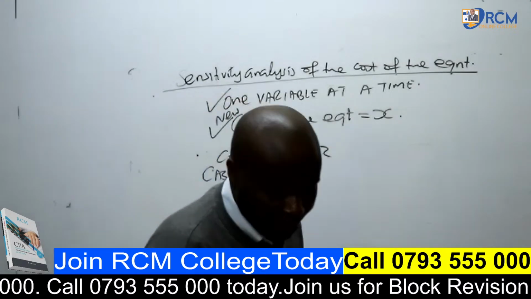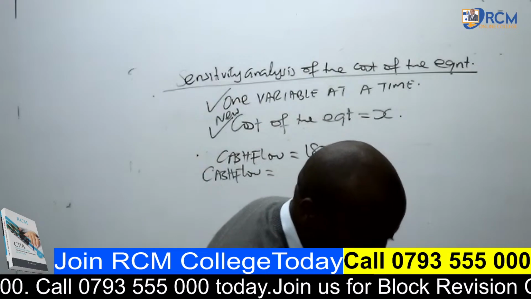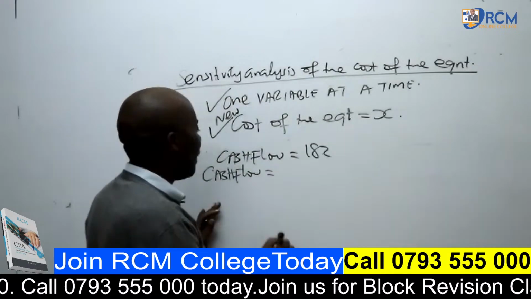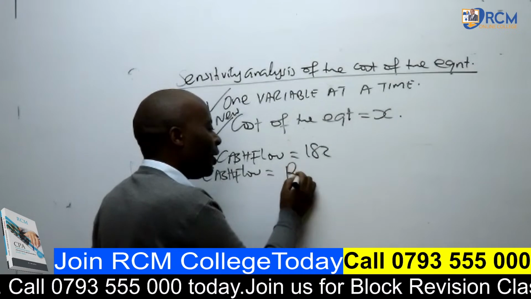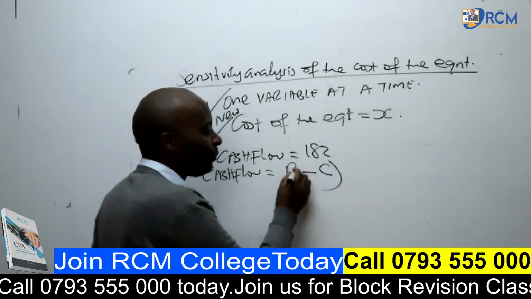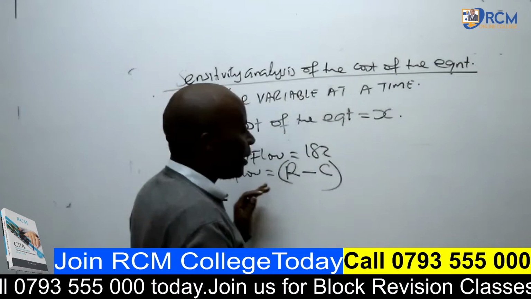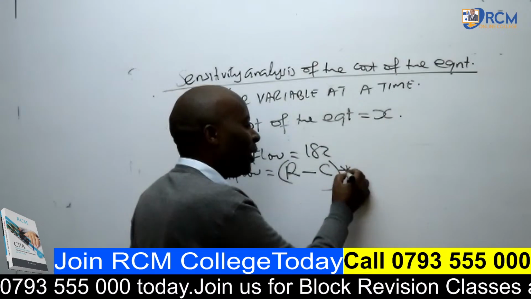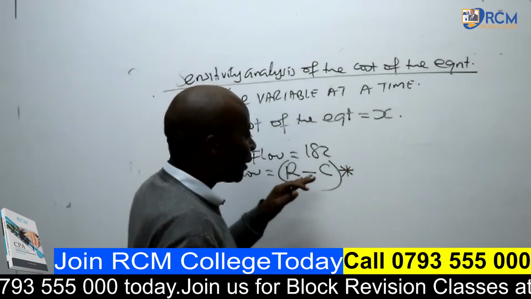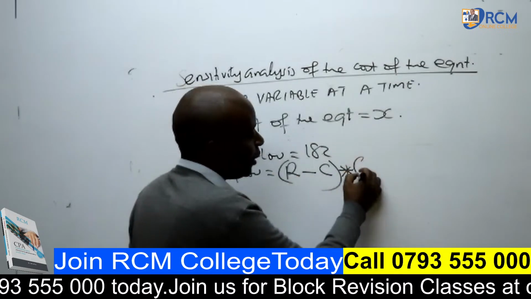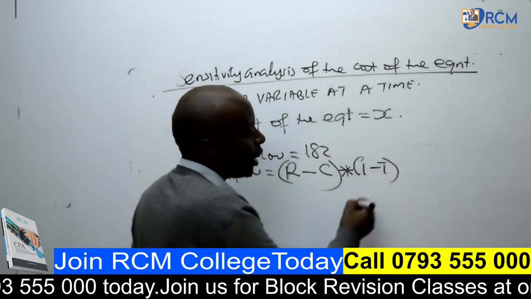What I would have done, ladies and gentlemen, would have been to come here and say that our cash flow is revenue minus cost, and then we go ahead to tax this. So we talk of 1 minus tax.